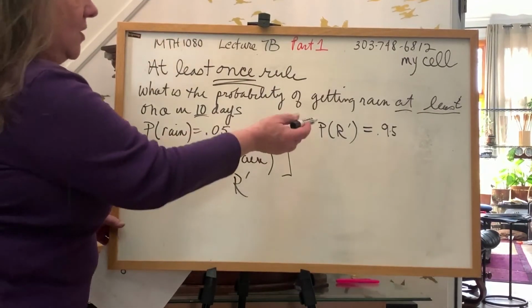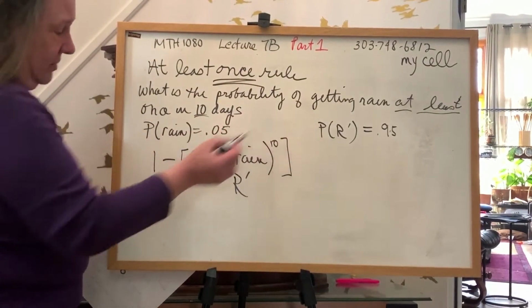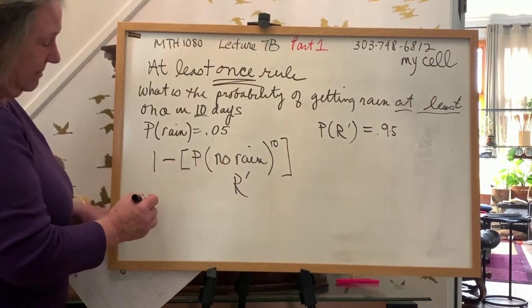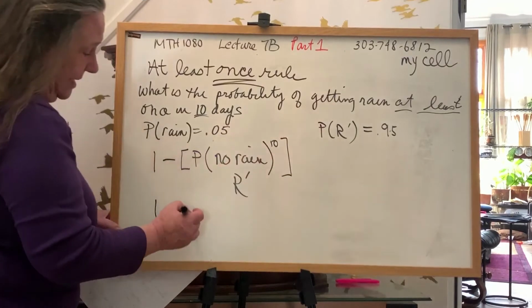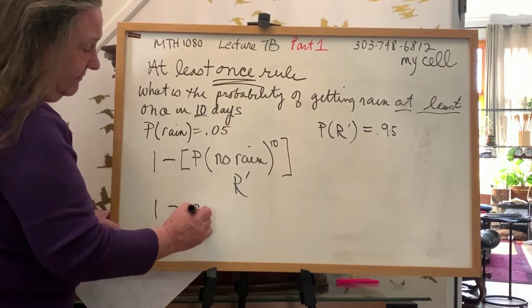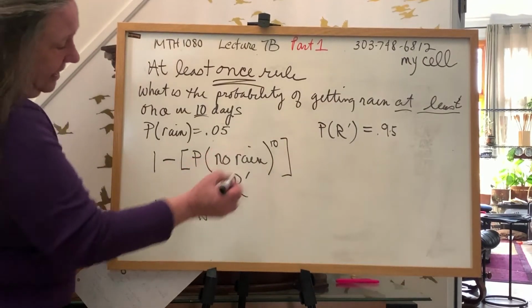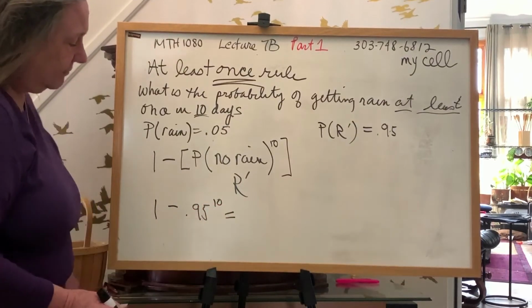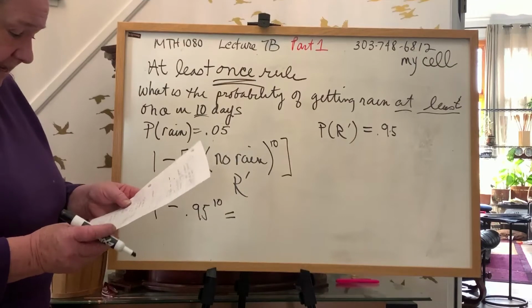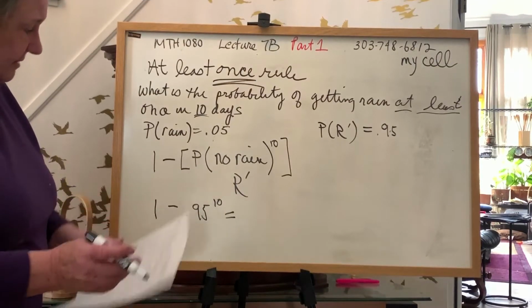Okay, so I take that number, the no rain number, and I go 1 minus. The probability of no rain is 0.95. The timeline is 10 days. And that gives me, I did work this one out.